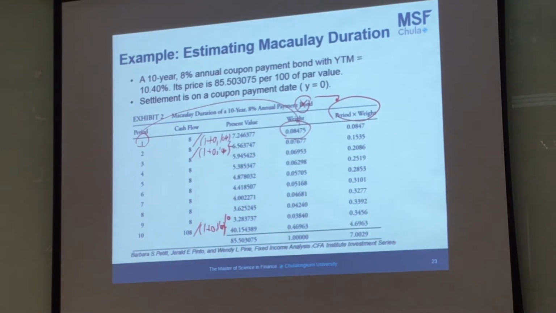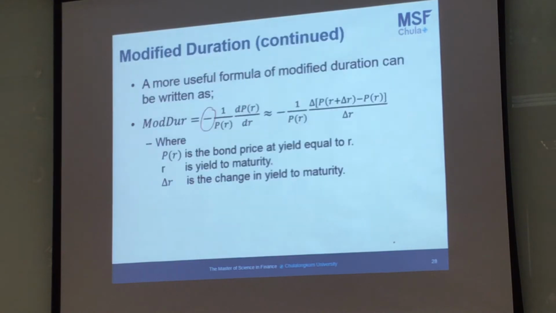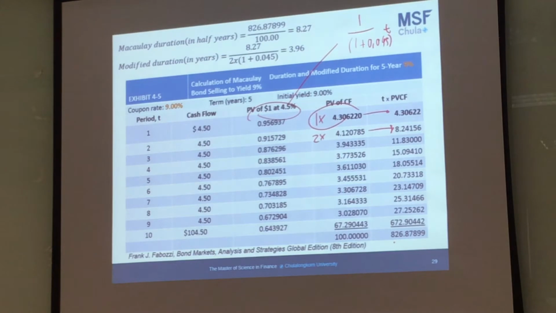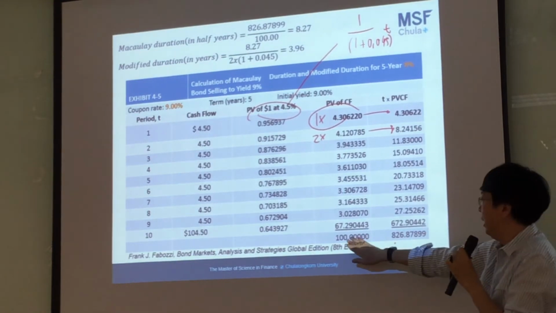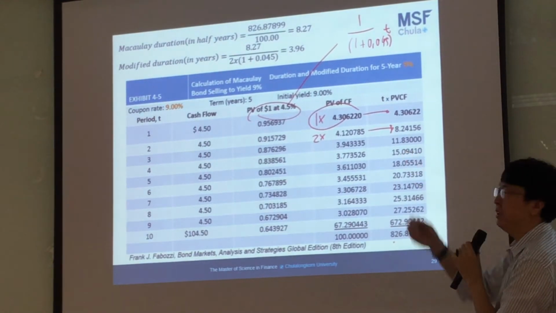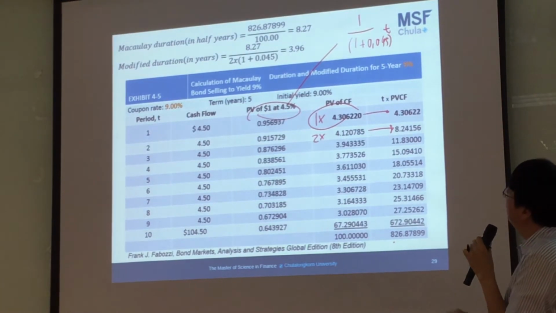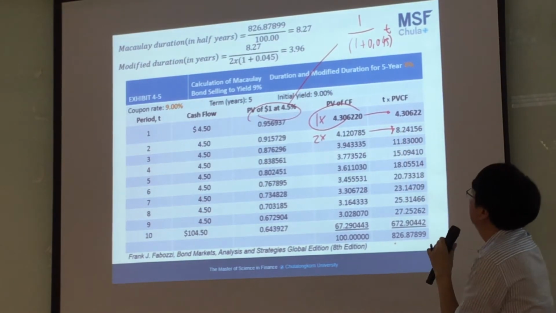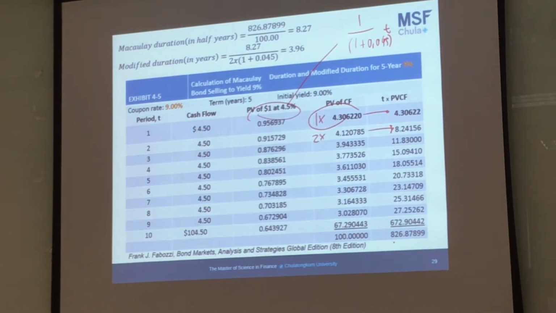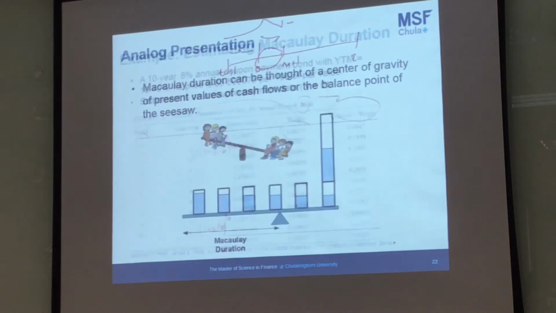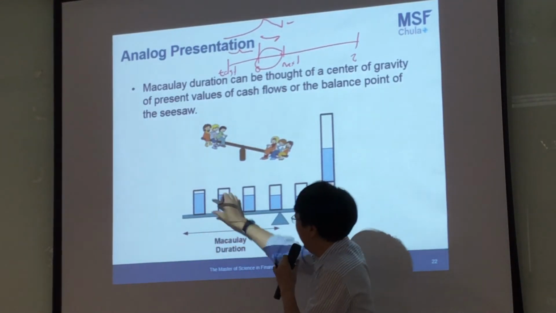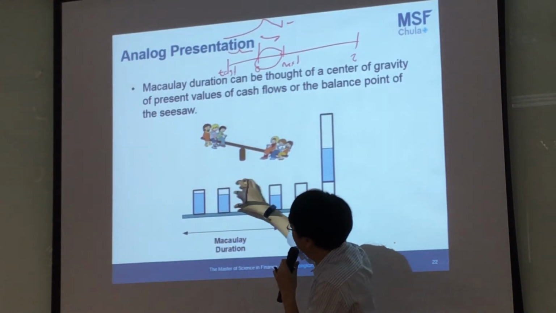But this example is different. They divide by the price later. So this is the present value multiplied by the time. If you look at this picture, it's just like this: the time divided by the present value of this.